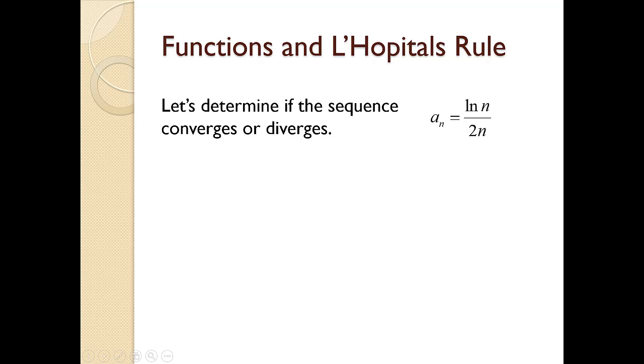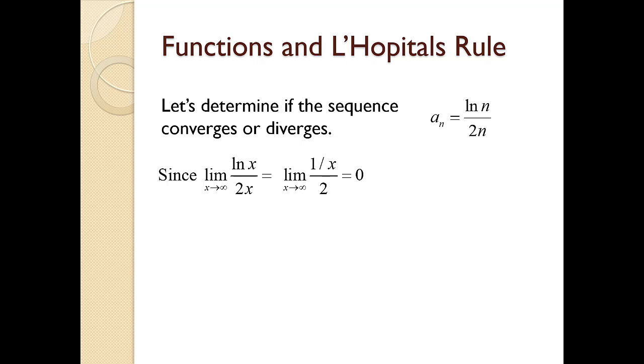We have two more ways to go about investigating whether a sequence converges or diverges. Take, for example, the sequence a sub n equals natural log of n over 2n. Now, the previous techniques I just gave you will not work. But what we can do is replace the n with an x and shift the domain, instead of being only integers to being all reals from 1 and up.